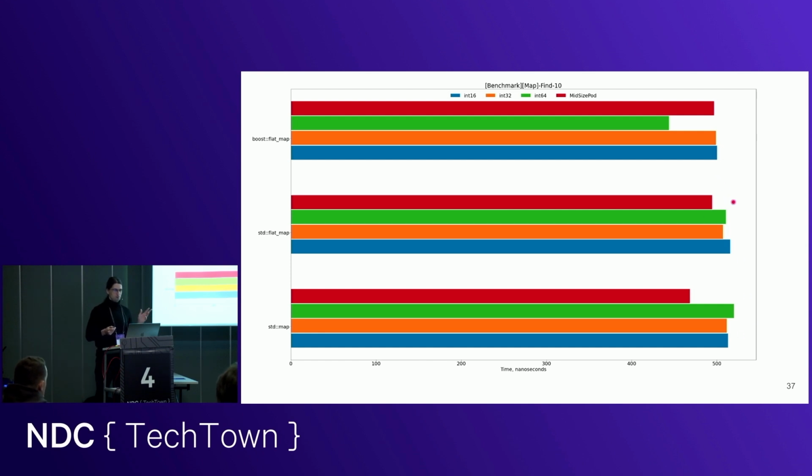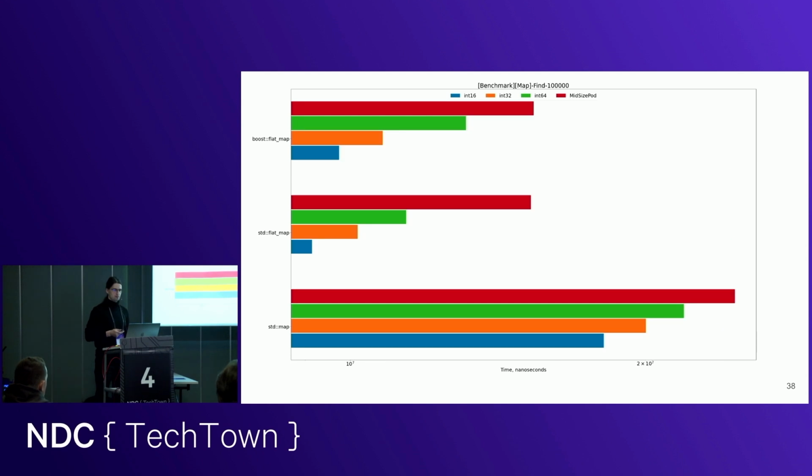We cannot tell much from it, especially taking into account some deviations from the hardware, use cases and so on. But the boost flat map slightly overperforms in find. And yeah, you may see that I'm comparing maps, not sets, or it would be completely boring.